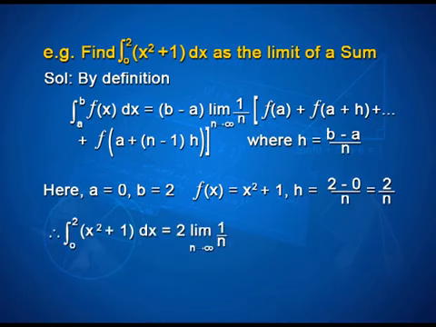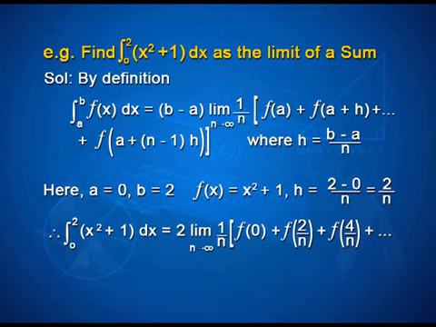Therefore, the integral from 0 to 2 of (x square plus 1) dx is equal to 2 into limit n tends to infinity of 1 upon n into [f of 0 plus f of 2 upon n plus f of 4 upon n and so on, plus f of 2 into (n minus 1) upon n].